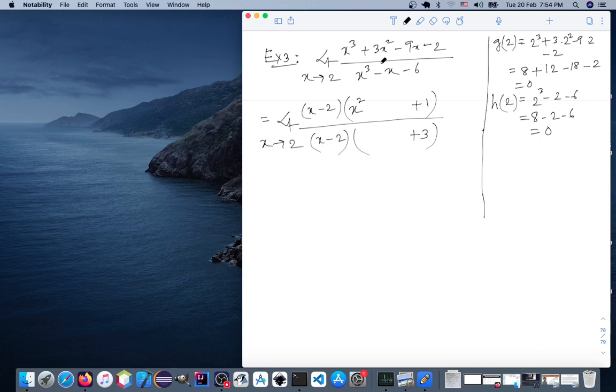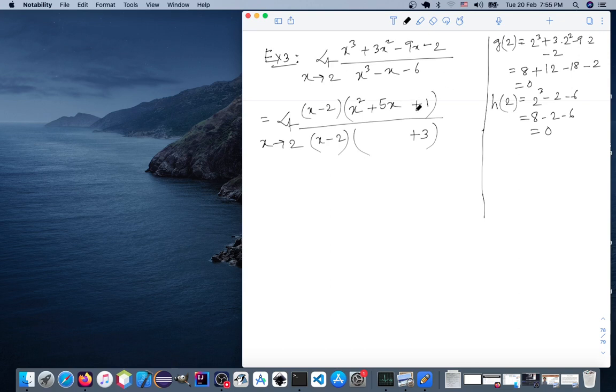To adjust that, we need here plus 5x square, and here minus 2x square, so it will get adjusted to 3x square, and the rest will follow. You can see the 9x, we have minus 10x, and over here x.